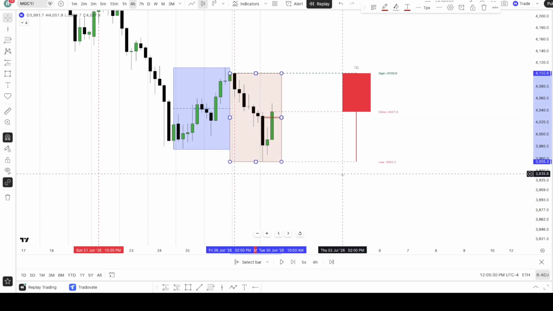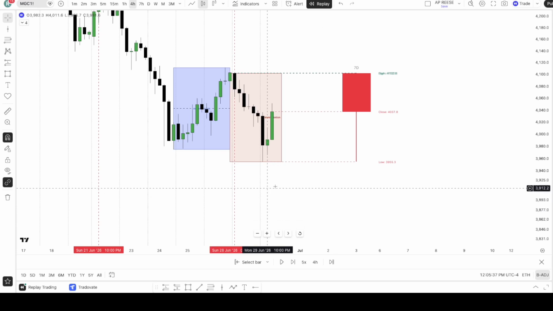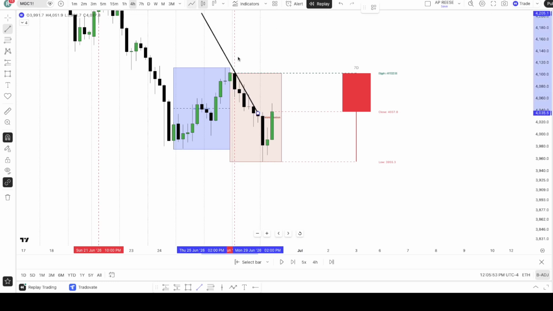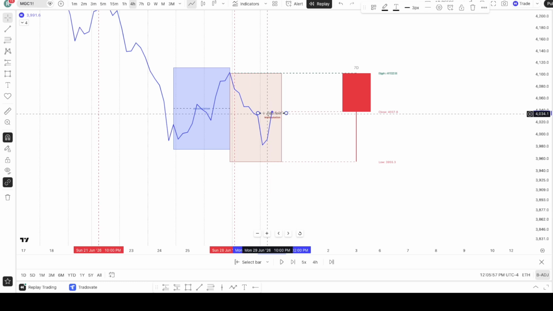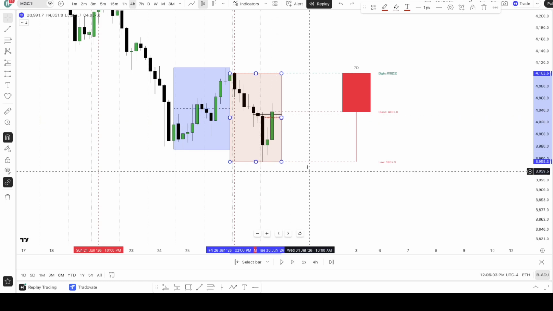So you won't just enter the market just because you think that price is going higher or you think price is going lower. Now that we swept lows or highs, we need confirmation to show that price actually wants to do that. So as we can see here, if we go to our line chart, we can see this is the last high that price created. Once price closed above this high, that's considered your change in state of delivery, which we can see here.